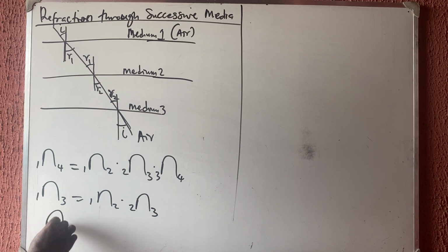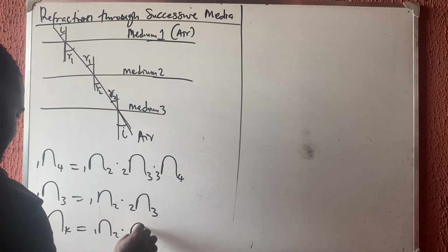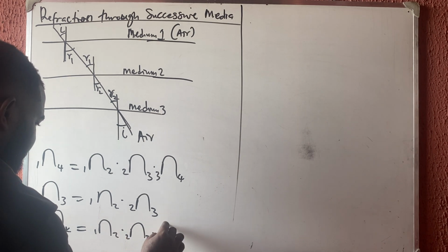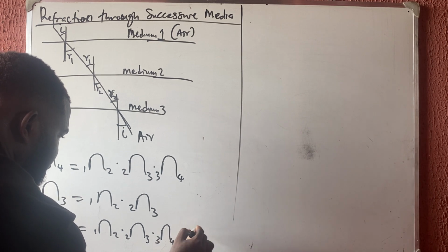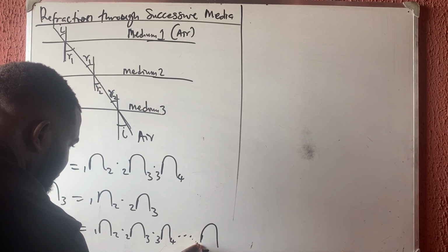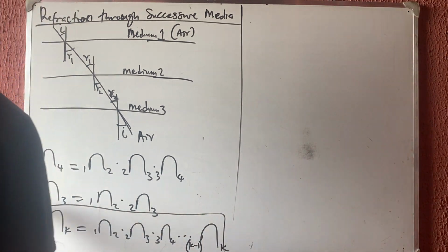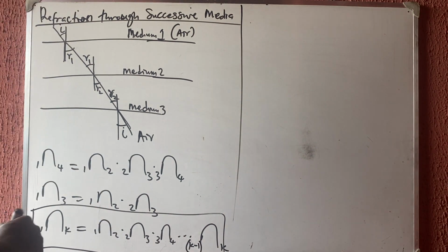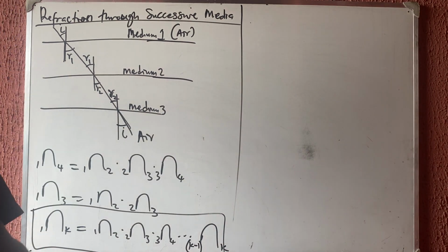So in conclusion, the refractive index from 1 to k, any number, is equal to the refractive index from 1 to 2 times 2 to 3 times 3 to 4, dot, dot, dot, till the refractive index from k minus 1 to k. All I'm writing does not really concern you. All you need to know is what it means. If it's to 10, that's how you keep going till the 10th one. It's very, very simple.